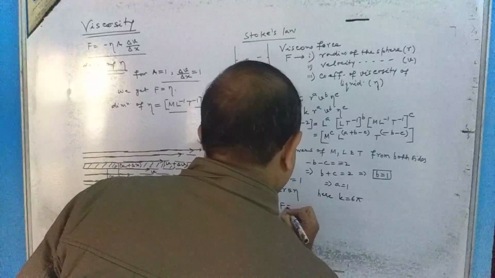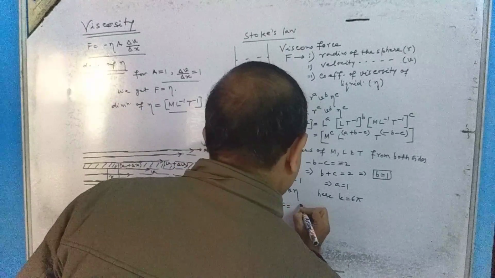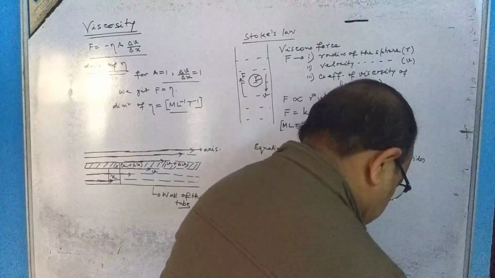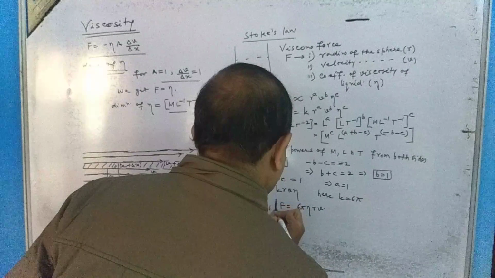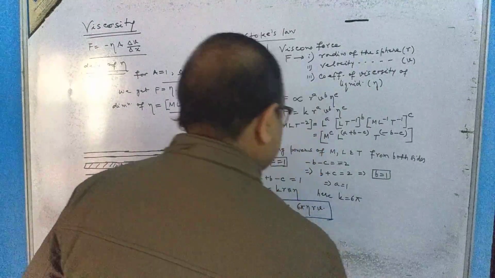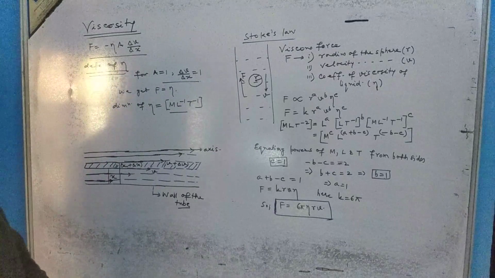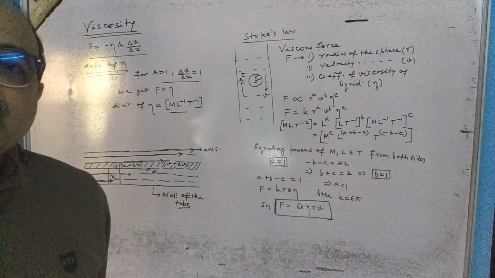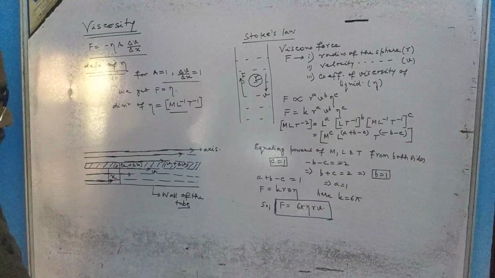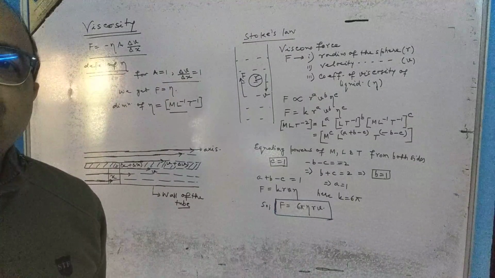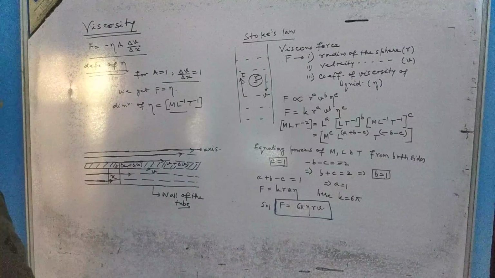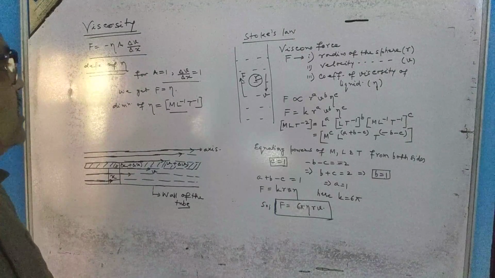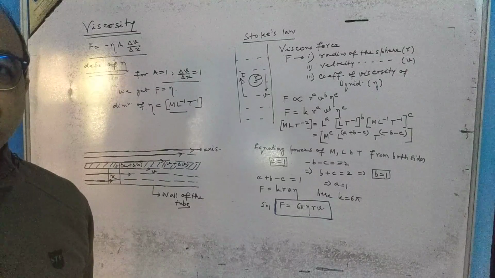So F is equal to 6 pi eta R V. This is the Stokes formula, a very important formula in this field, and we have determined its form with the method of dimensions.